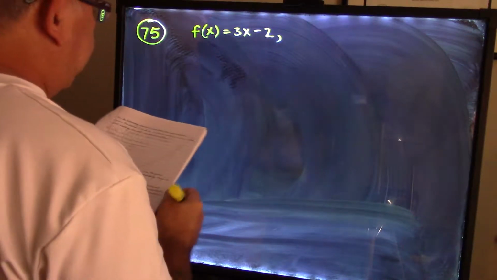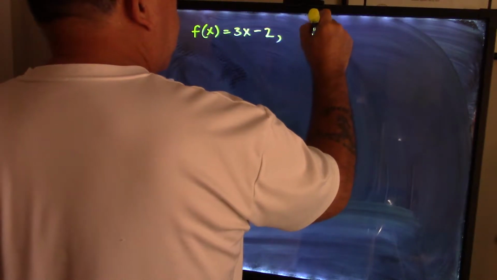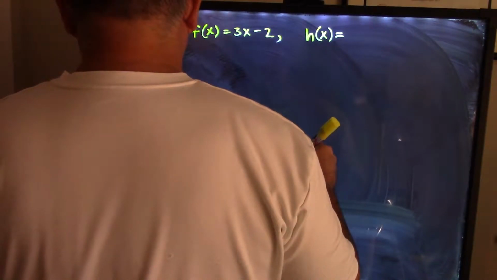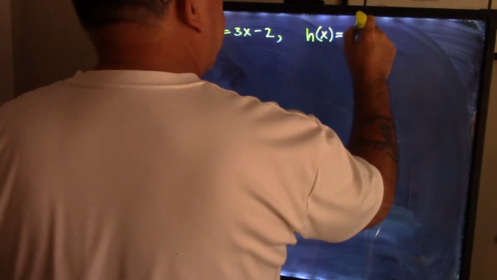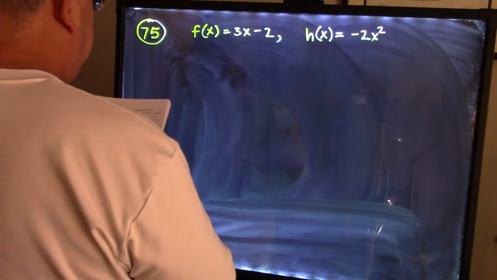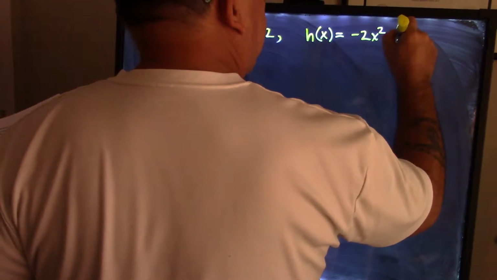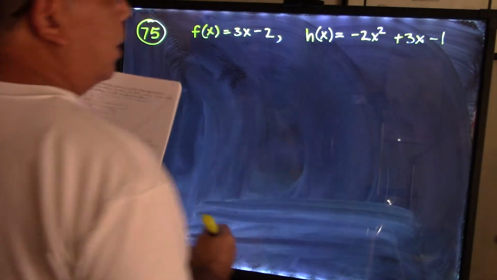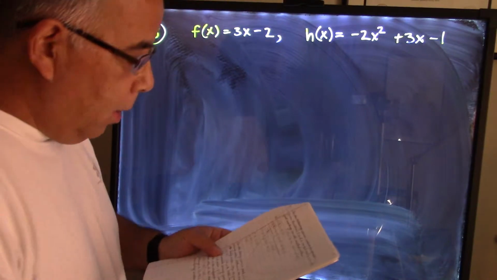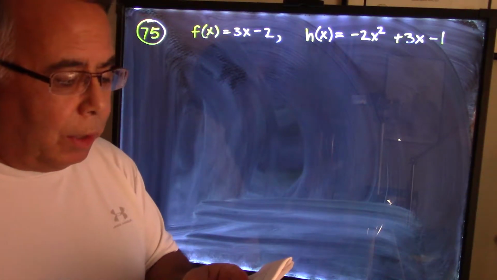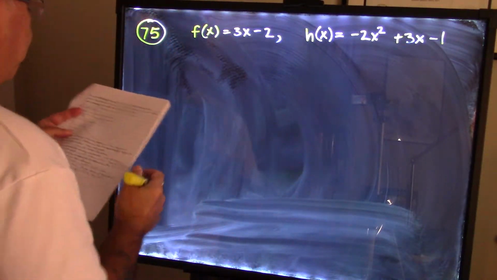And h of x equals negative 2x squared plus 3x minus 1. So we want f of 7/3 minus h of negative 2.